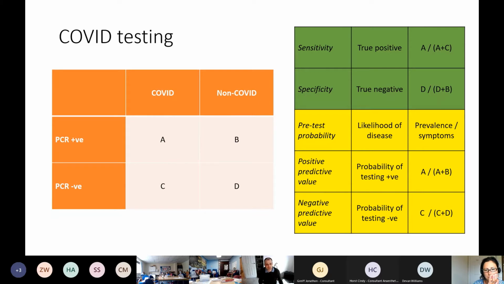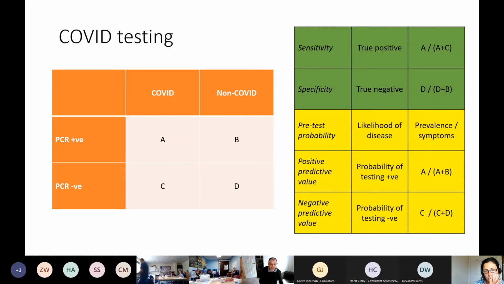But people don't use tests like that. People say, this is a PCR positive test. What's the likelihood that person actually has COVID? And people start talking about sensitivity and specificity at that point. And that's why I keep seeing it written in papers and newspapers. So what you're actually talking about is the positive predictive value.